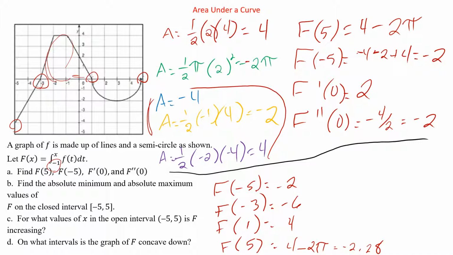What we have is f of -3 is the min, and f of 1 is the maximum, because those are the absolute values, or the highest and the lowest values that we have. And so that's part B, finding the absolute minimum and absolute maximum.